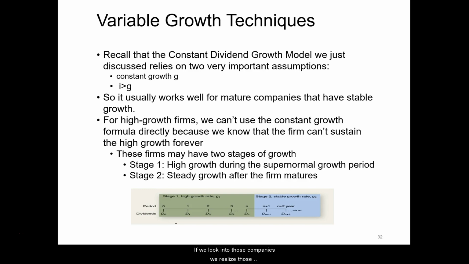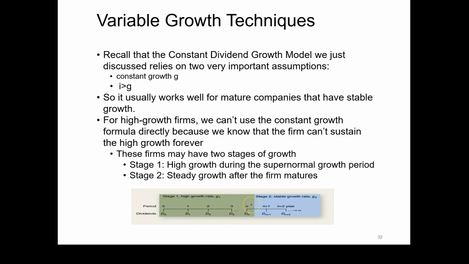If we look into those companies, we realize those companies may have two stages of growth. As you see from this picture here, stage one is when they have the high growth rates. We will call it G1. So that's for the first couple of years. Maybe they have a new technology, new products, so sales skyrocketed and a very high growth rate for the first couple of years.